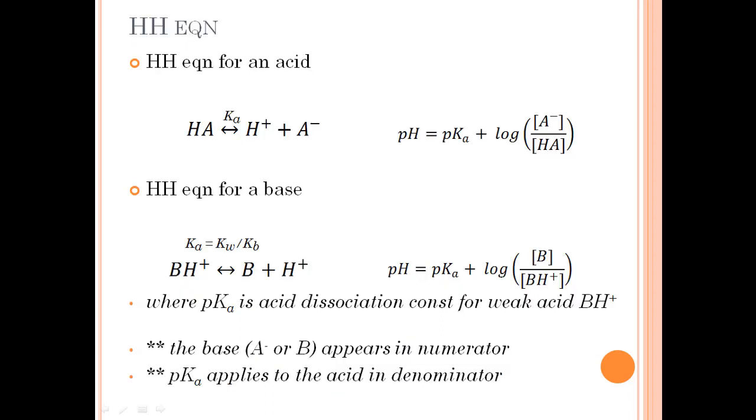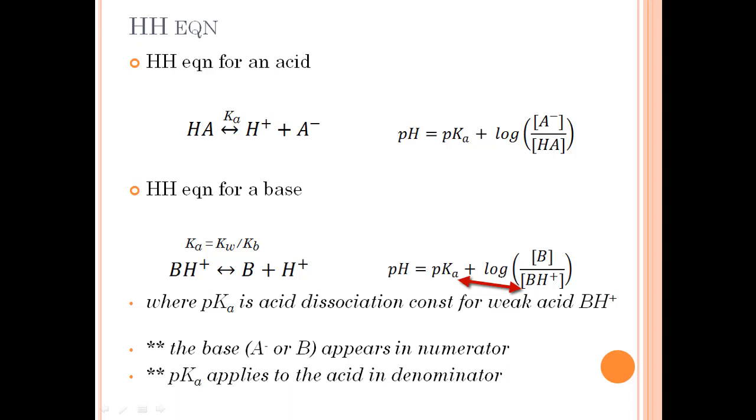So here's the HH equation for an acid. Here's your acid dissociation reaction: HA is dissociated into H plus and A minus. And there is the Henderson-Hasselbalch equation for an acid, exactly what we just derived in the previous slide. Now this is the analogous equation for a weak base, where the pKa is the acid dissociation constant for the weak acid, which is the BH plus.